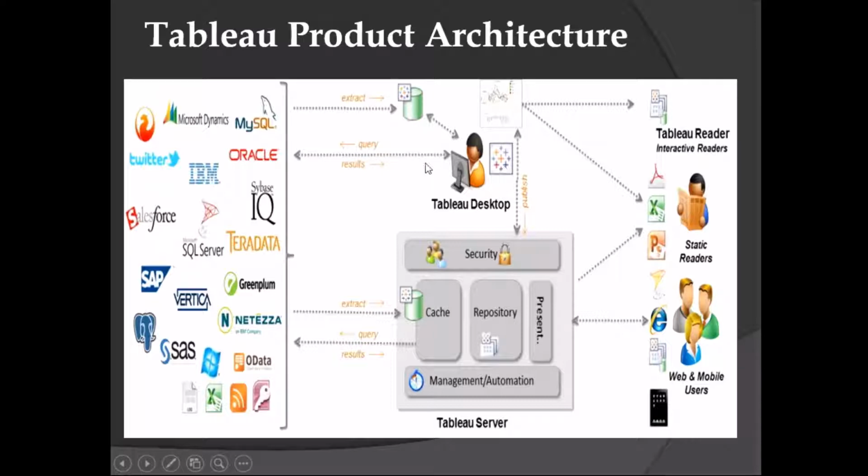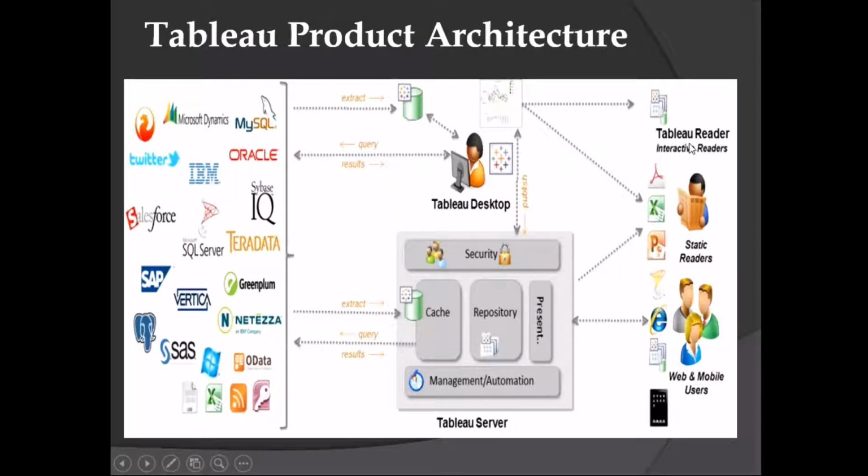Once you connect the data, a query will be fired, something like select star from employee, then a result will come back to Tableau Desktop and you will create a visual chart on top of that. So this is a chart you have created. Once you have created it, you can publish or share your dashboard using PDF, Excel, even PPT, that is for static readers, and you can also package your workbook and share it to Tableau Reader.